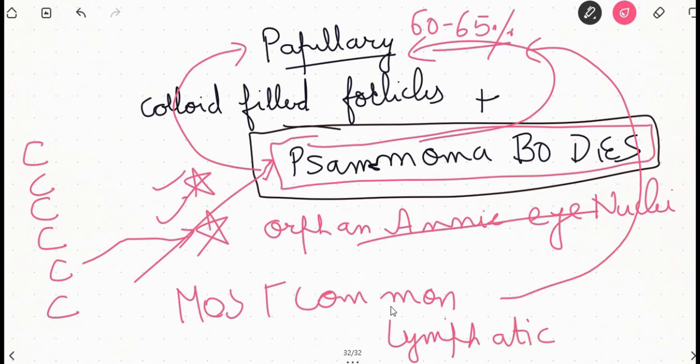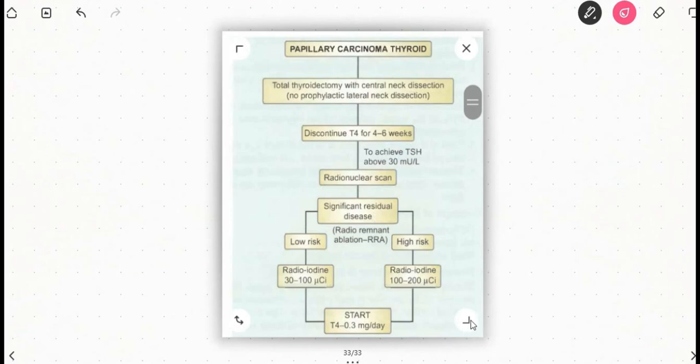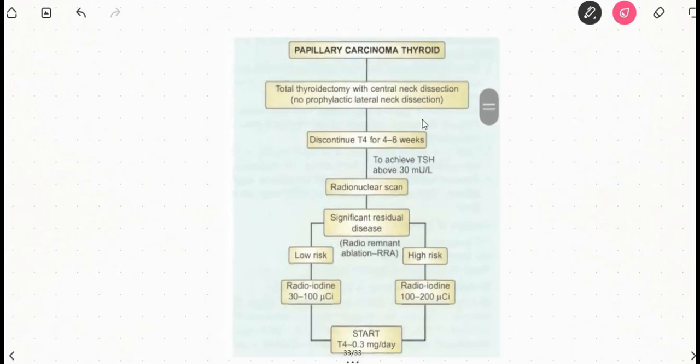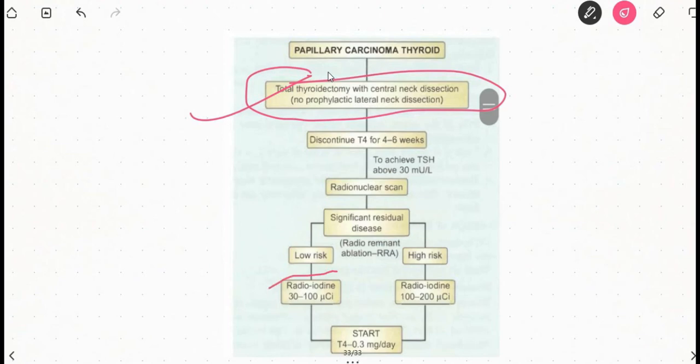Psammoma bodies are diagnostic of papillary carcinoma. Most common treatment is total thyroidectomy. So this chart represents the treatment for papillary carcinoma of thyroid. Total thyroidectomy with central neck dissection is the treatment of choice. Radioiodine could be given.